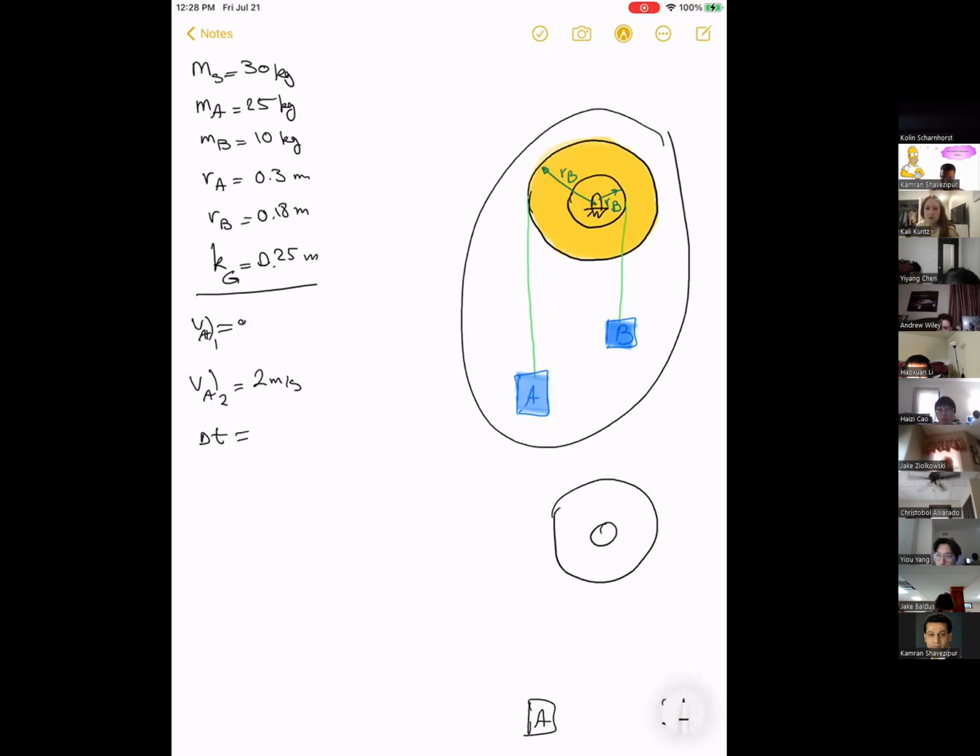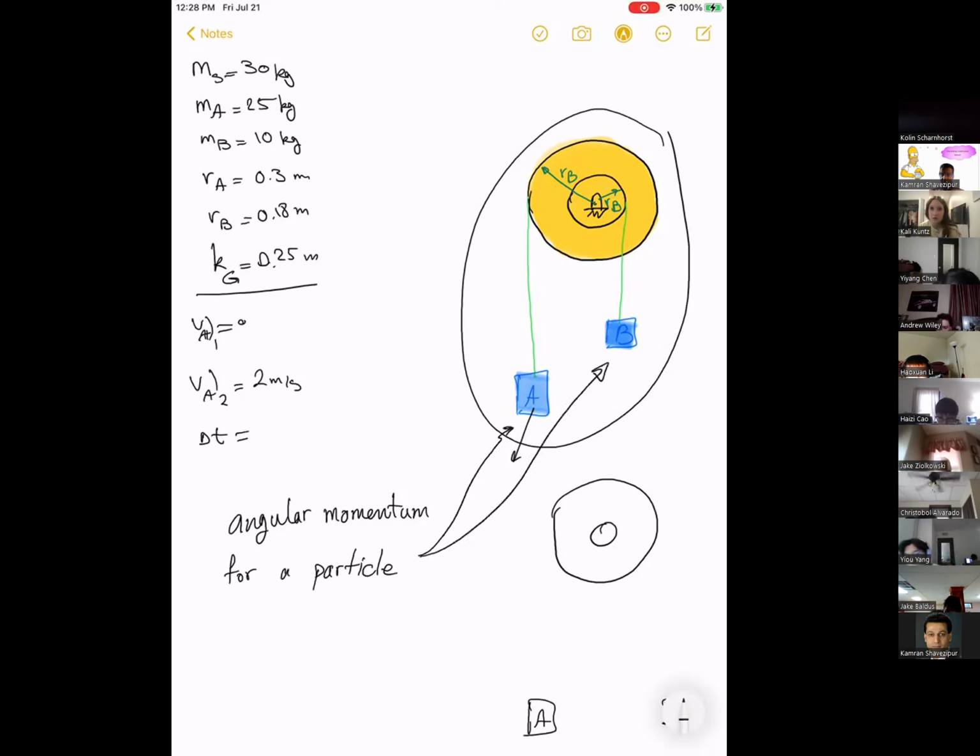Remember, we defined angular momentum for a particle, right? We defined this. So I can use this and get angular momentum of A and angular momentum of B, make them the whole system as one.